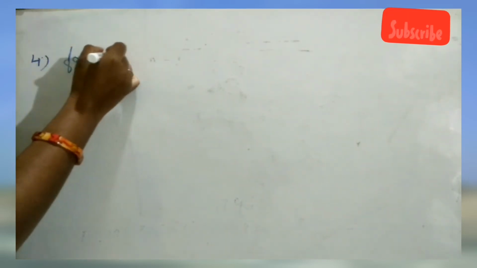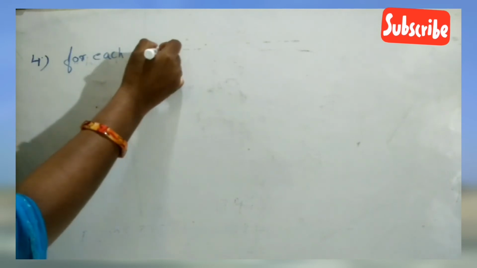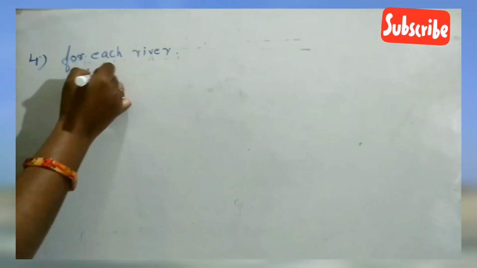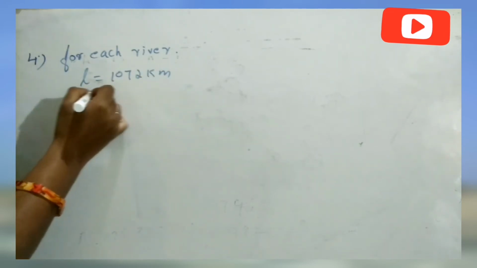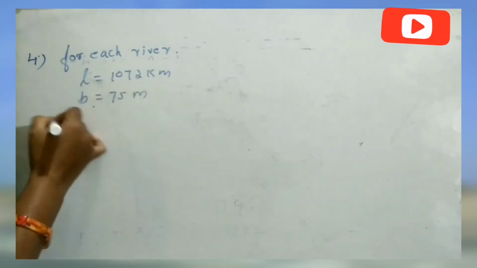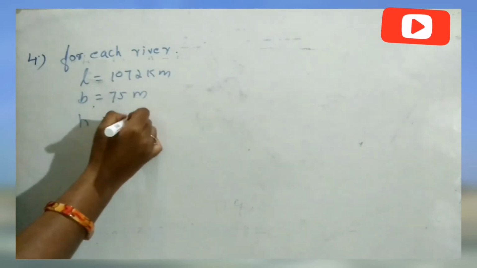For each river, the dimensions are given: length is 1072 kilometer, breadth 75 meter, height 3 meter.